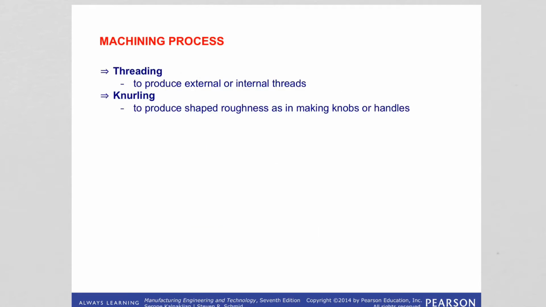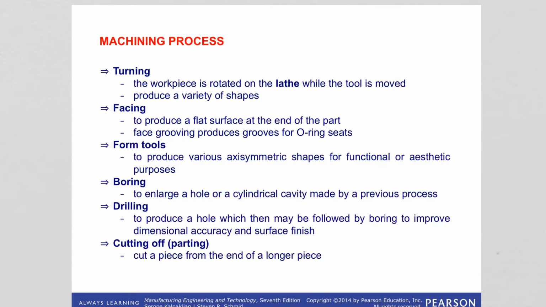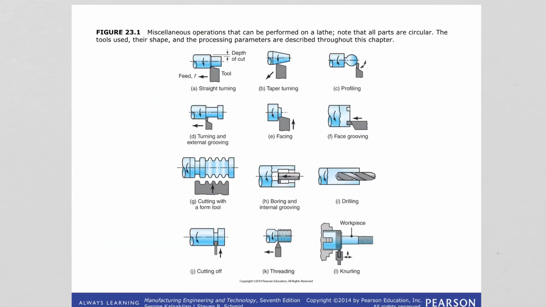And there is also cutting off, or what we call parting. This is to cut a piece from the end of a longer piece. Image J is showing cut off.